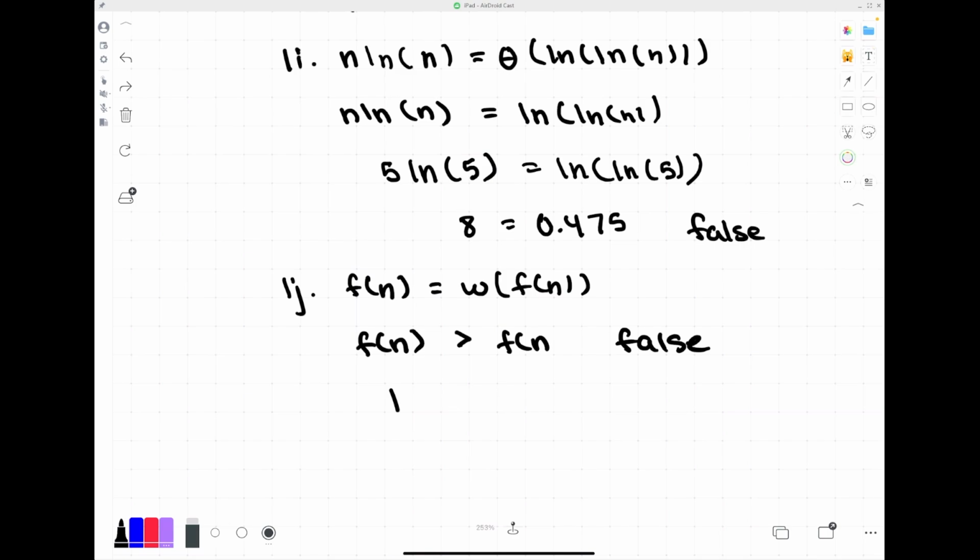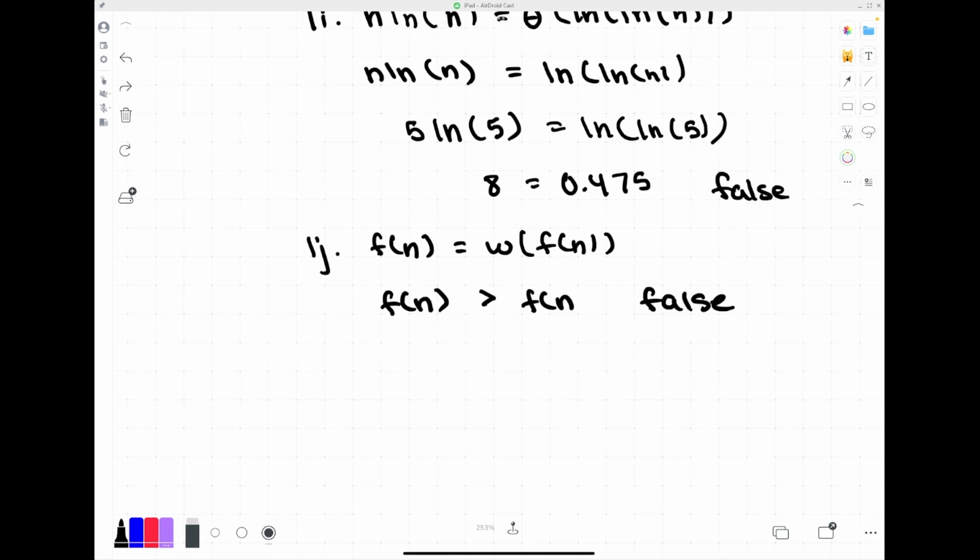No, because it's the same number. Now, if it wasn't little omega, and if it was theta or big omega or big O, which have the greater than or equal to, less than or equal to, and then there's the equal for theta, this would be true because of the equal. But since we're doing greater than because of the little omega, this statement's false.